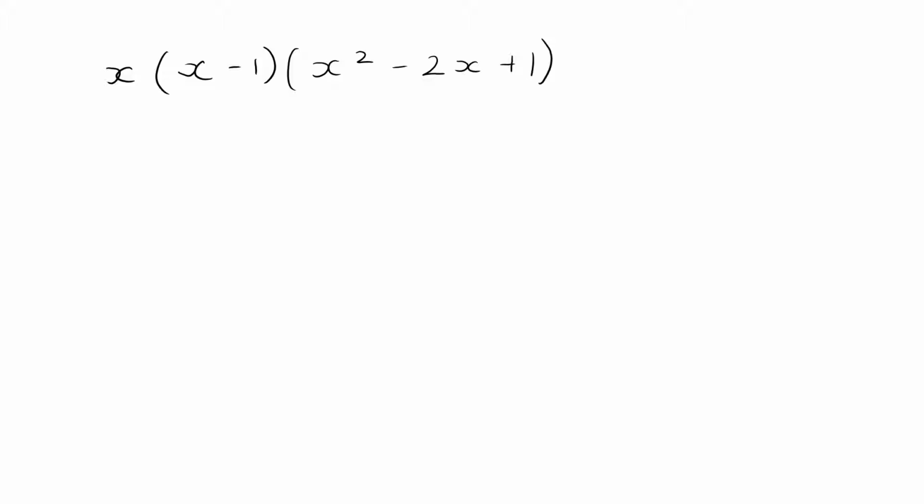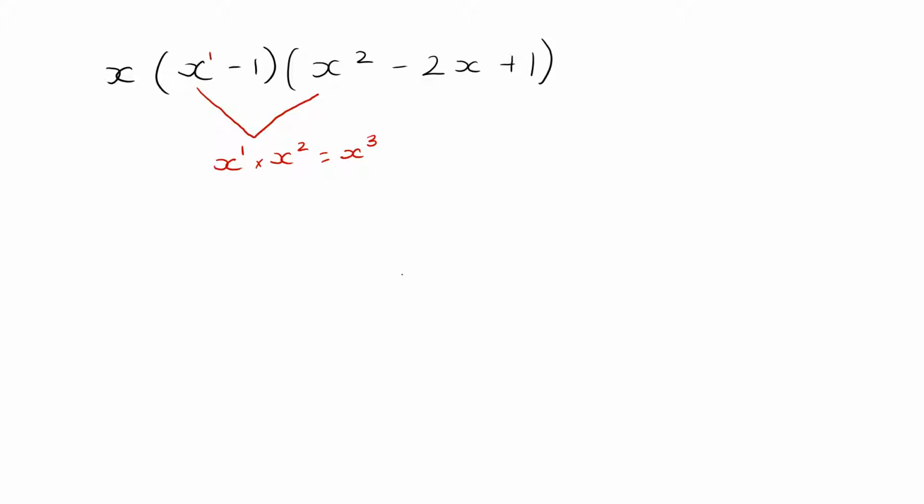So you do the same thing. You would do x times x squared. As I said, imagine x on its own to have a little 1 there, and you add the powers when you're timesing x's. So x¹ times x² equals x cubed.